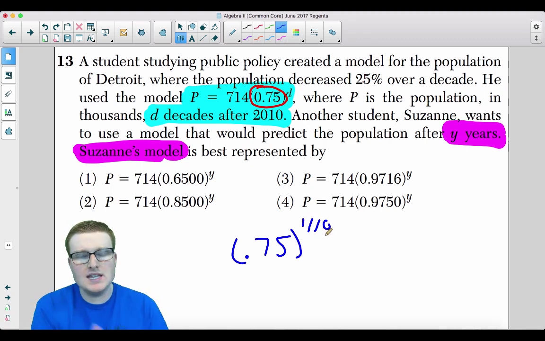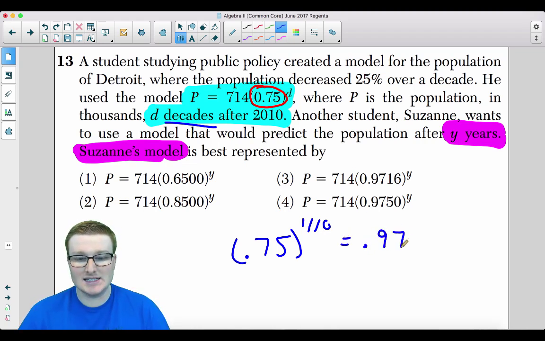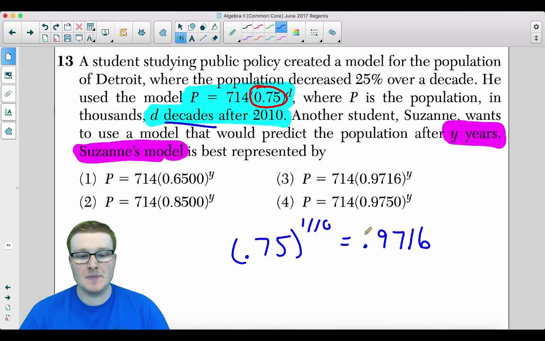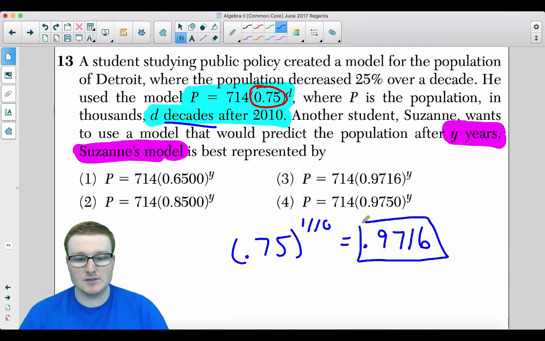It's 1 year per 10 years, which 10 years is a decade. So that's important. You have to know that a decade is 10 years, okay? If we take 0.75 and raise it to the 1/10 power, we are going to get an answer of 0.9716.